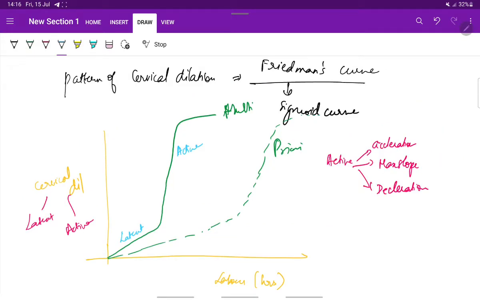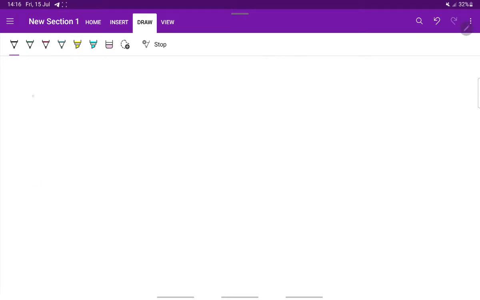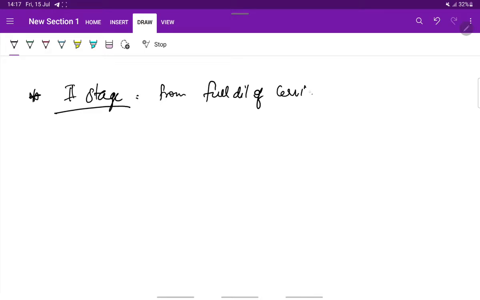So, this is the sigmoid shaped Friedman's curve, which represents the pattern of cervical dilation. Next, coming to the second stage of labor, which starts from full dilation of the cervix, that is from 10 centimeter dilation of cervix to the expulsion of the fetus.